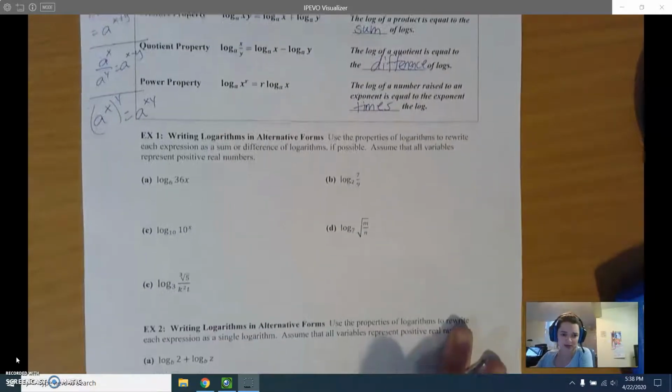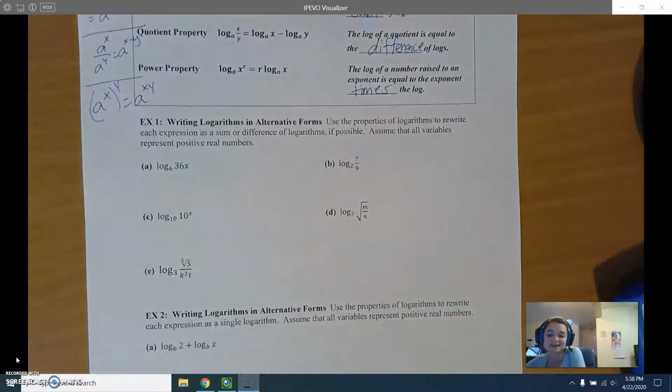So writing logarithms in alternate forms, sometimes it's nice to be able to expand your logarithms, okay? So that's what we're going to do first. In all of these we're going to start with one log and we're going to expand them into logs with just one thing in each, okay? Because sometimes that helps us to find like terms.